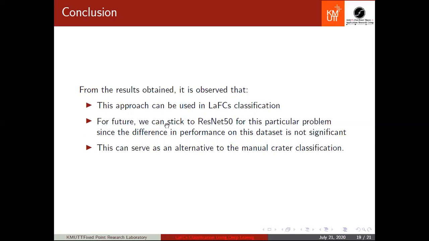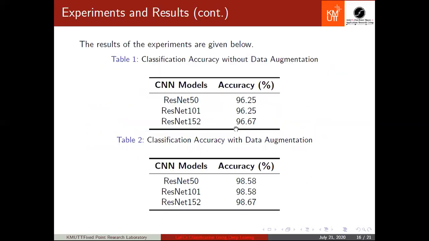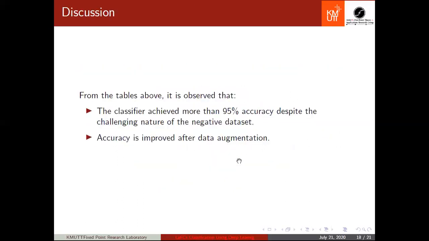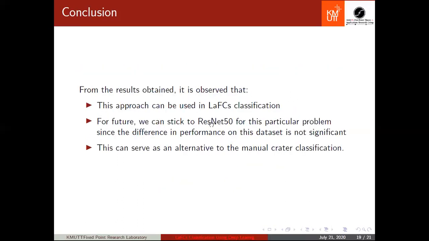For the future, we can stick to ResNet 50 because, as observed here, both without and with data augmentation, almost all the three models used for feature extraction performed similarly. The accuracy is similar, so in the future, we can decide to restrict ourselves to ResNet 50 for this particular problem, since the difference in performance on this data set is not significant. And this approach finally can serve as an alternative to manual crater classification.